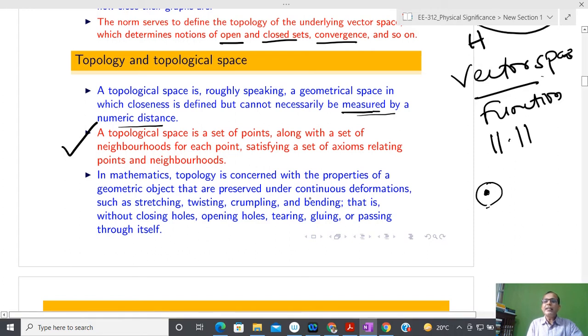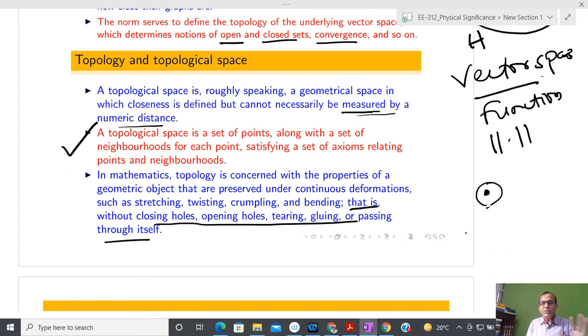If you apply continuous deformation such as stretching, twisting, crumpling, and bending, the property of the object will not change. But if you do other kinds of operations, then the property will change. It might be possible that two things look very different but are topologically similar. That is the basic idea.